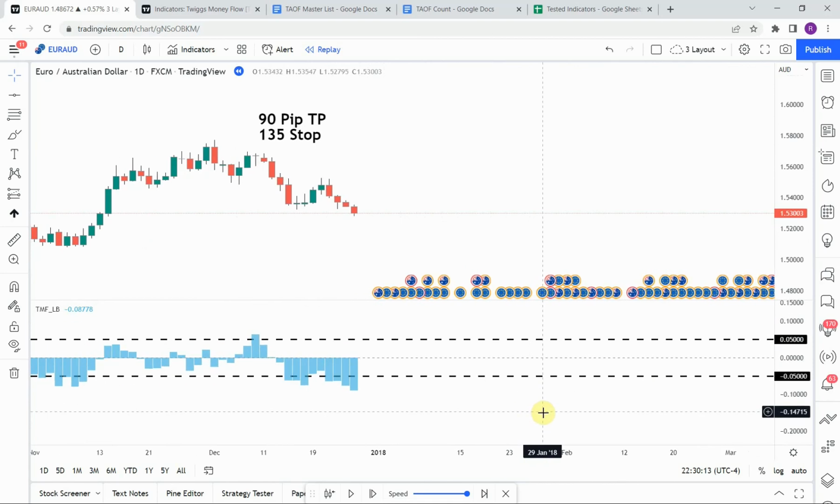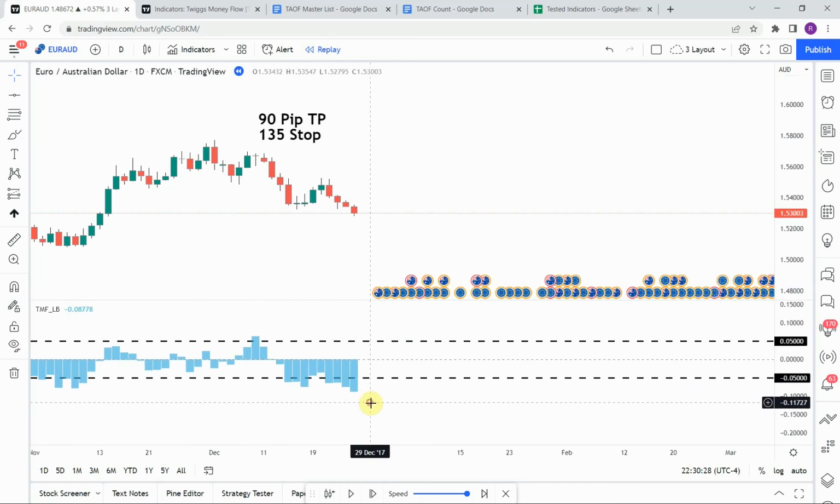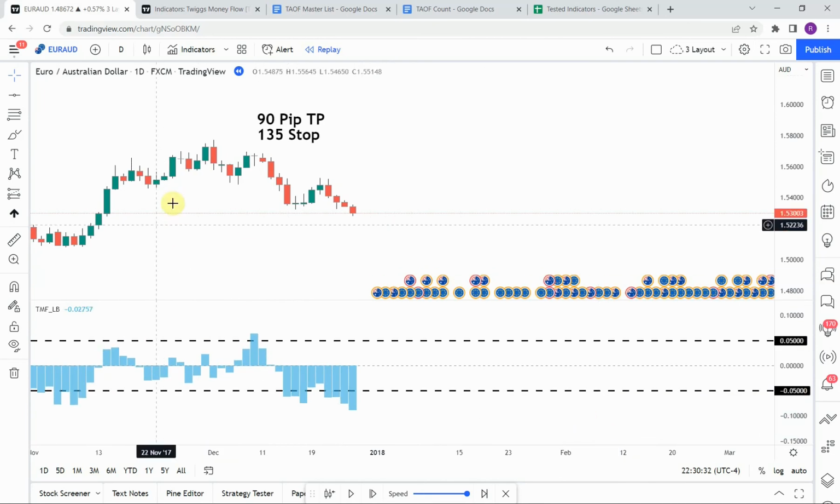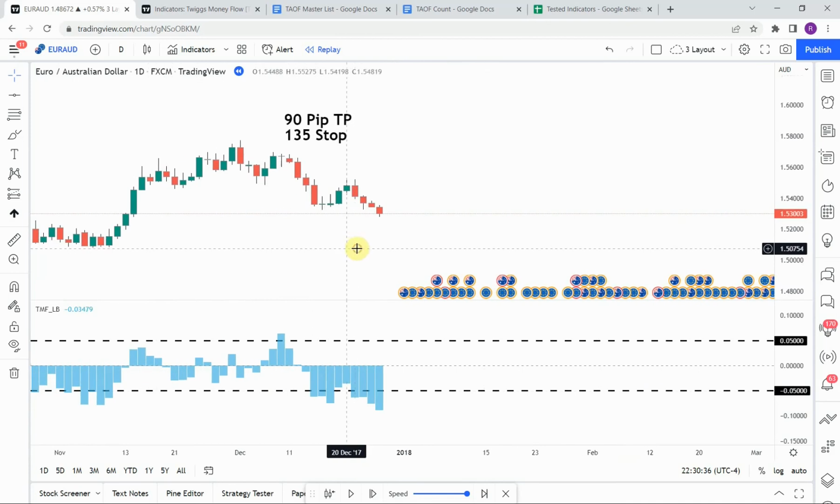And so what we are looking for now is that break to the upside of the positive dashed line. We are going to go long, or the break to the downside of the negative dashed line, we are going to go short. And hopefully that will give us a nice little buffer for consolidation, keep us out of that choppy type market. So let's go ahead and get on with the testing and see what we can get out of this.